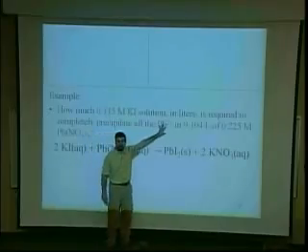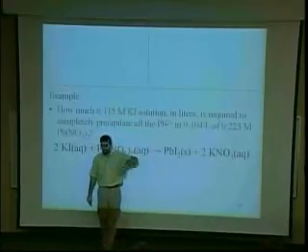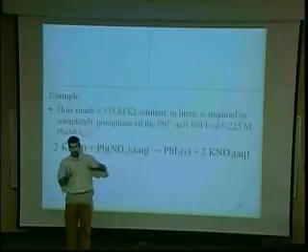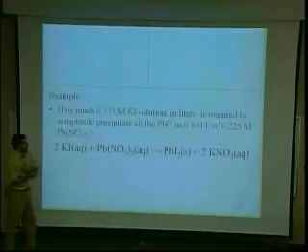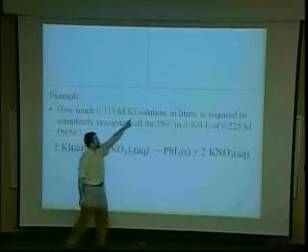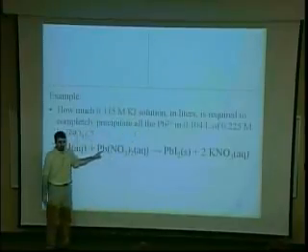If you're going to add this to completely precipitate all the lead, that means you want to react all the lead. What are you going to use to react and pull that lead out and precipitate it? You're going to use iodide ions, right? So what this is asking is, how much of this do you got to put in so that you react all of this?